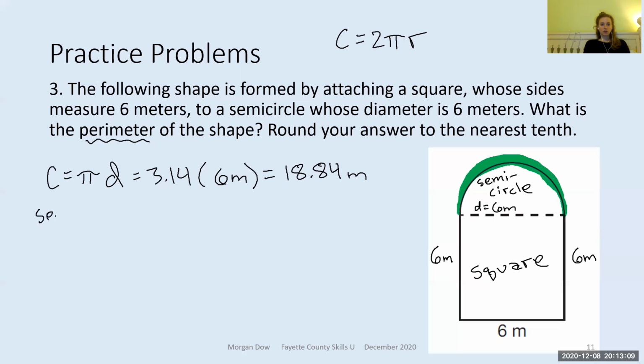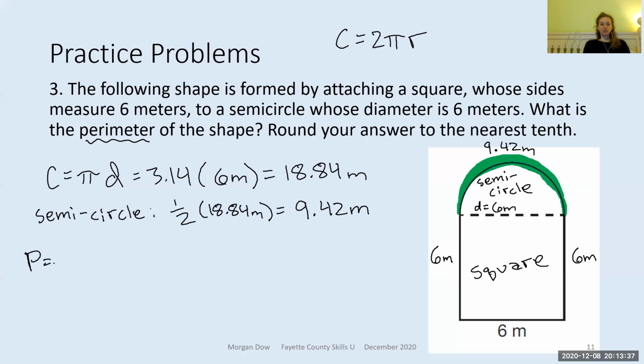So the semicircle, we'll take that 18.84 and we will cut it in half, which gives us 9.42 meters. So that green edge there, that curved side, is 9.42 meters long.